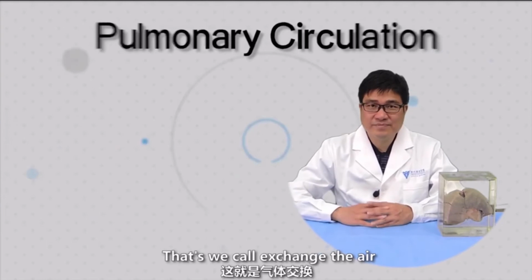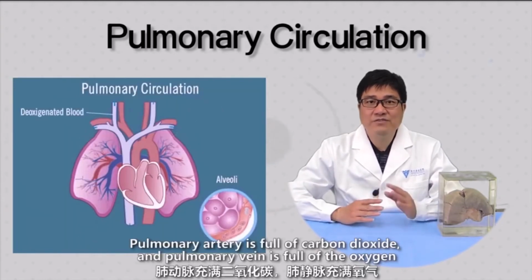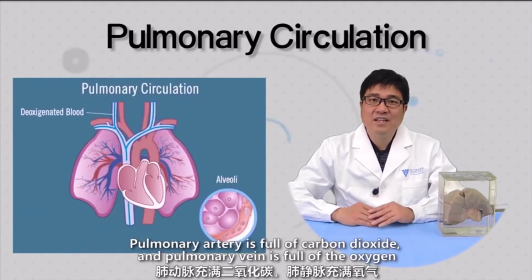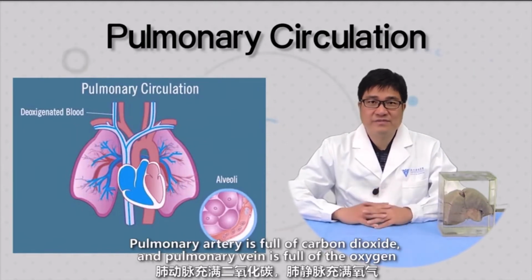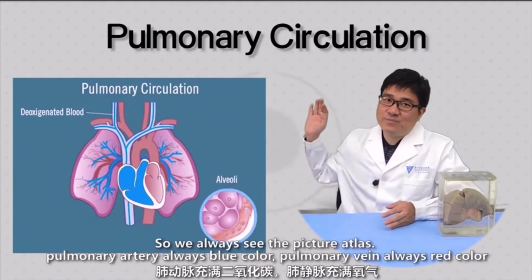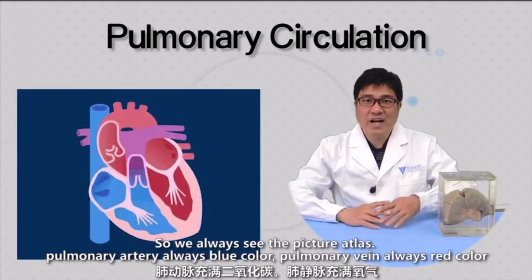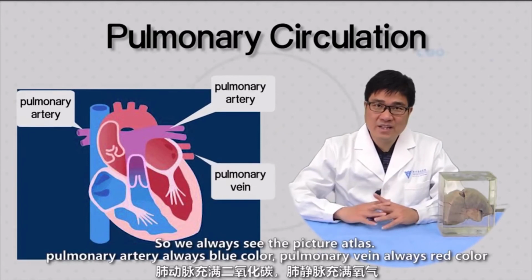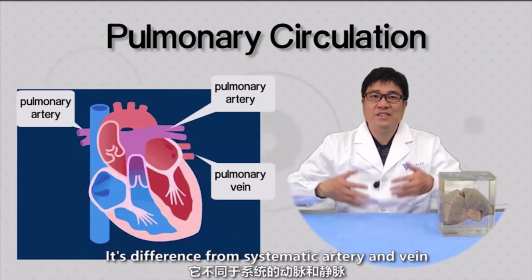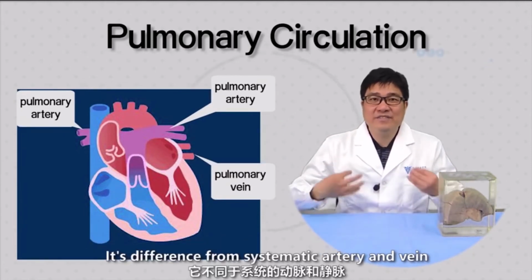The pulmonary artery carries blood full of carbon dioxide, and the pulmonary vein carries blood full of oxygen. So in the atlas pictures, the pulmonary artery is always blue and the pulmonary vein always red, which differs from the systemic arteries and veins.